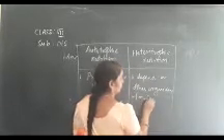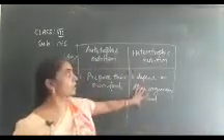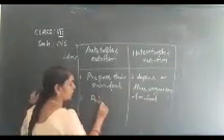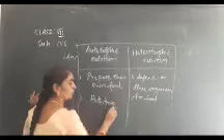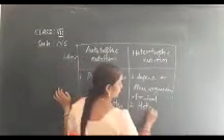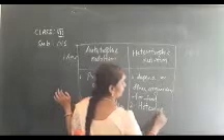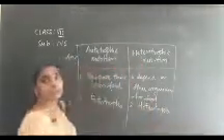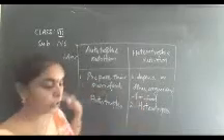This mode of nutrition is called heterotrophic nutrition. So these organisms are called autotrophs and these organisms are called heterotrophs. The organisms which perform the heterotrophic mode of nutrition are called heterotrophs.